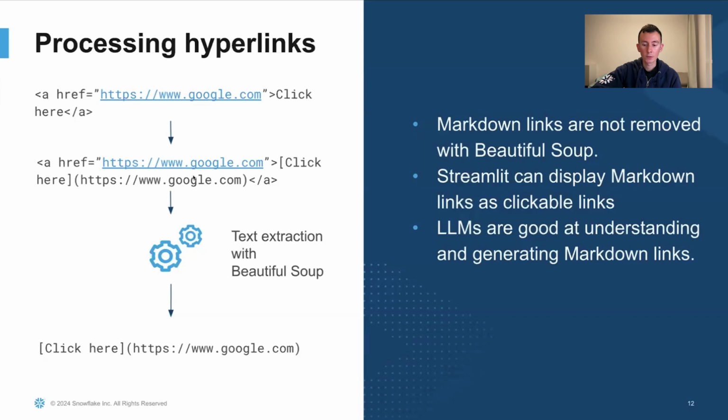So if the content of the article used by the LLM contains markdown links, then the response generated by the LLM will also contain markdown links. And that's what you want in the response displayed to your user. You want to keep the link, so it's better to have markdown links in the content that you send to the LLM.